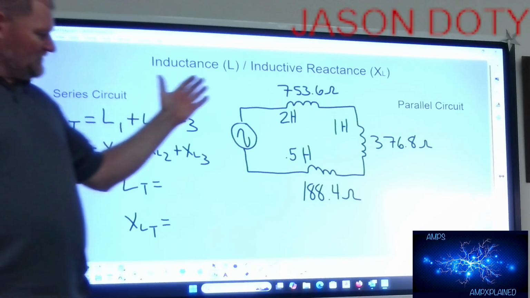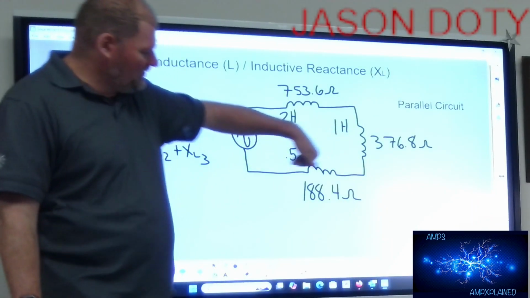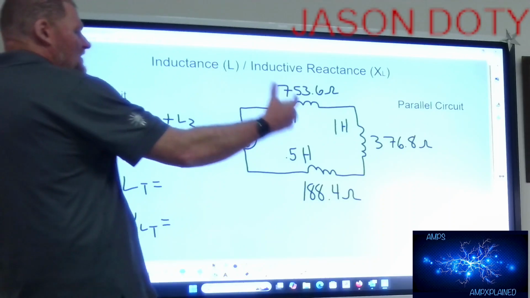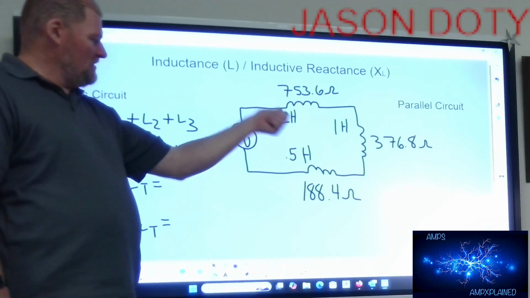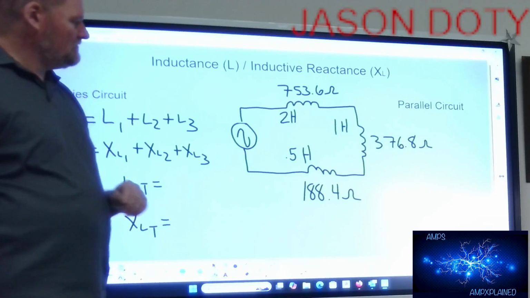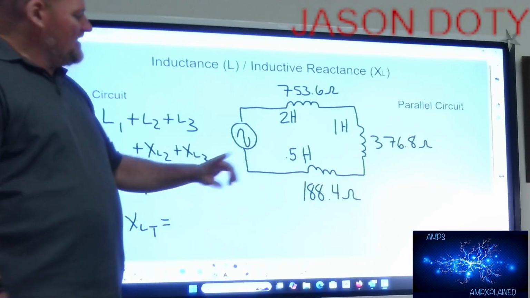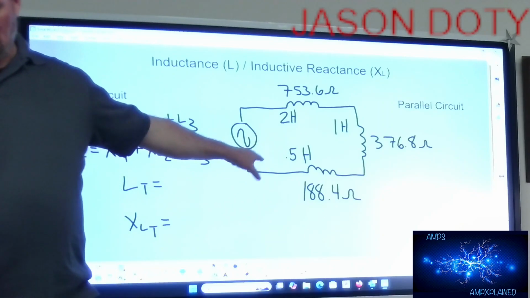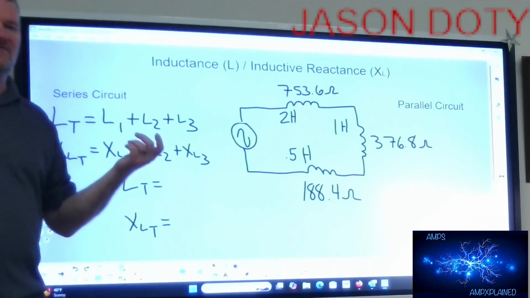So if we take a look at the circuit here, we have a series circuit. We see our coils are all in series. Current has no other path. So we're going to add them up. We have a 2 Henry inductor here for L1, a 1 Henry inductor here for L2, and a half a Henry inductor here for L3. You're like, half a Henry? How's that happen?